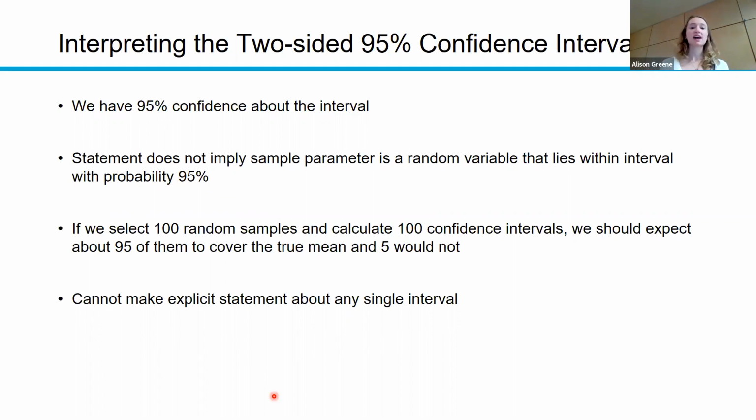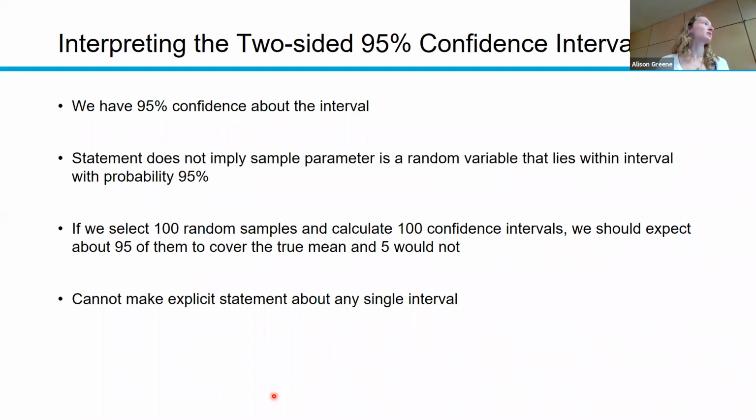But as I said before, this does not imply that our true value lies within the interval with a 95% probability. It means if we did this same calculation from samples 100 times, we hope 95 of them will capture the true value.